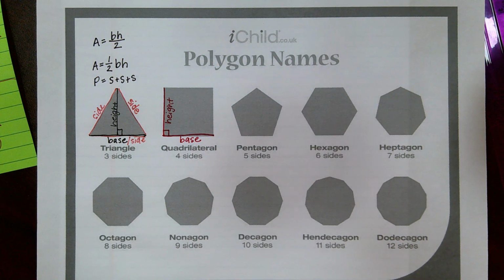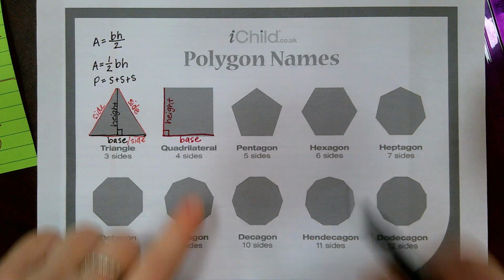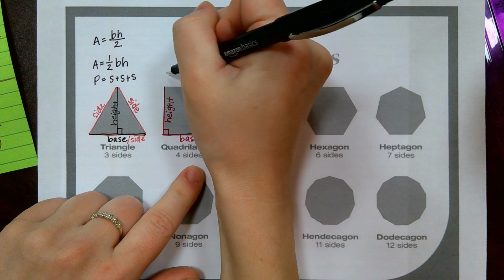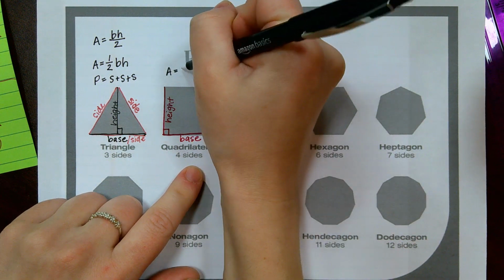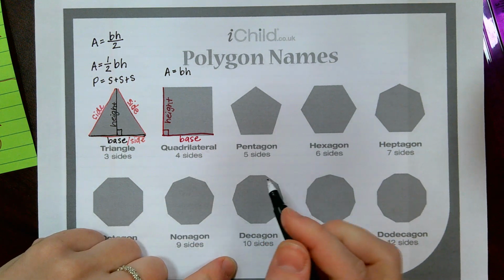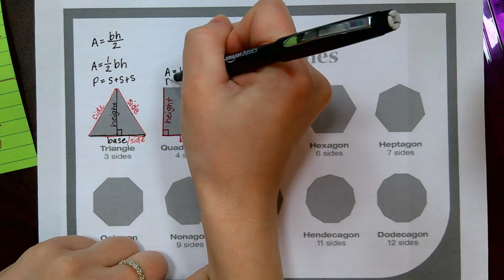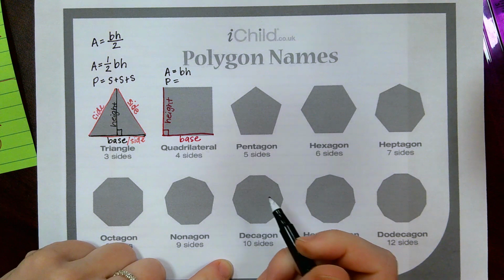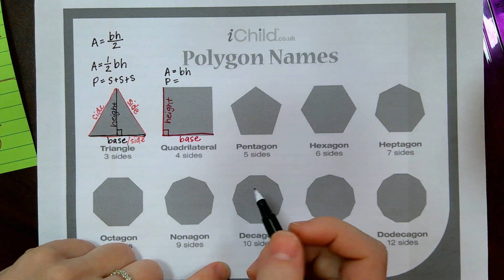So how do we find the area of a quadrilateral? Base times height. Perfect. Base times height. And then our perimeter, same thing. You're adding all the sides together.